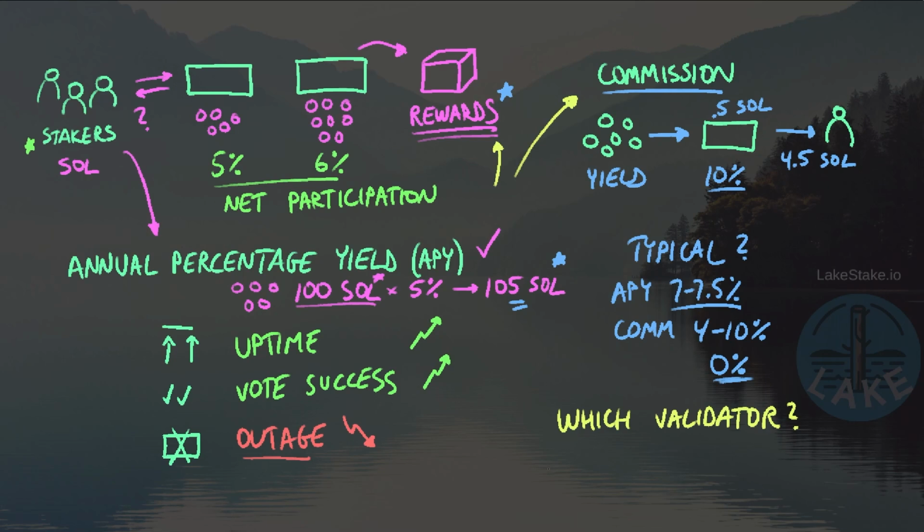Well, naturally, the first thing we want to consider is simply the total APY. The APY takes into account things such as the uptime and the vote success and outages. And we also want to look ideally at lower commission percentages, keeping in mind that some of the validators that have been around the longest are going to have commission, and it's okay for our validators to earn some amount of rewards based on that.